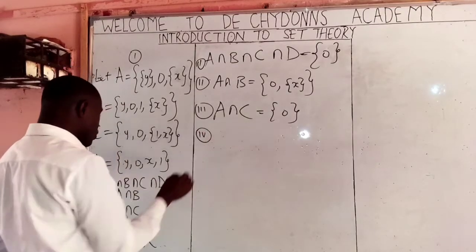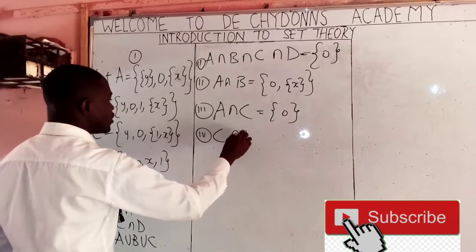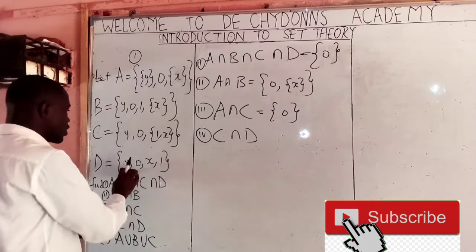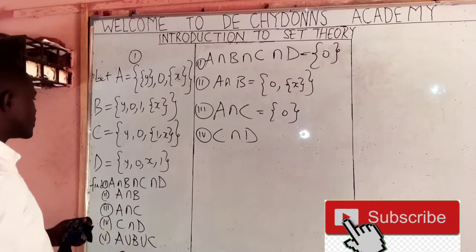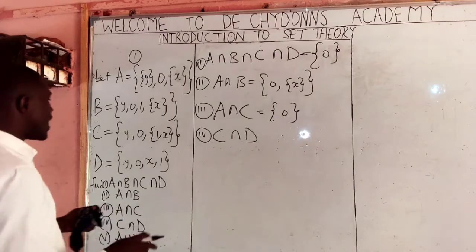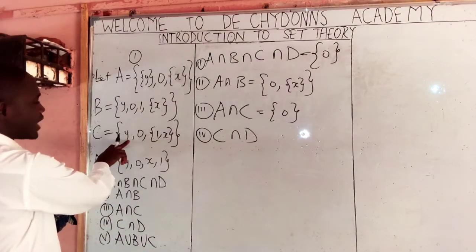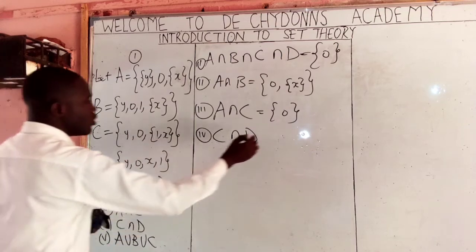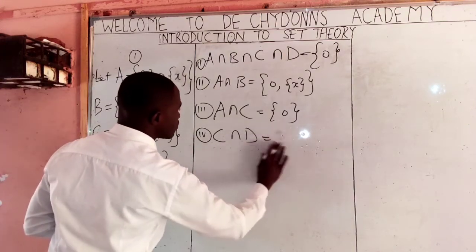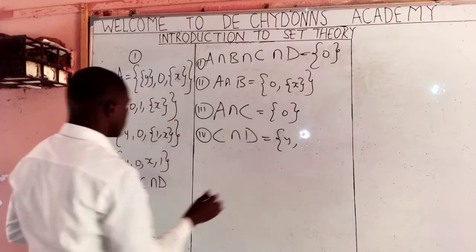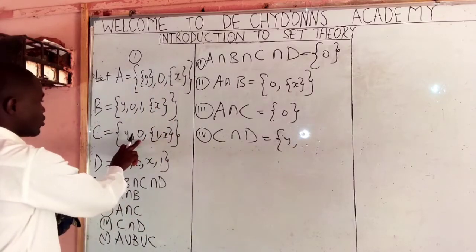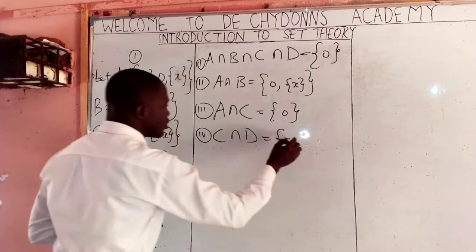Then the fourth one, C intersection D. What do they have in common? Y is not in curly bracket. I mean, Y stands on its own. You write Y. Then 0 stands on its own.